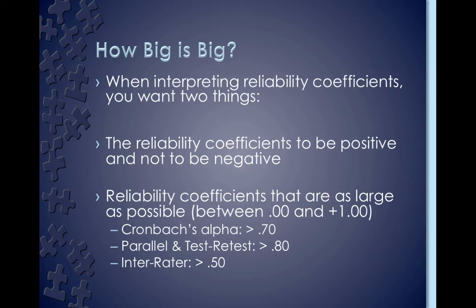So when we have parallel form reliabilities and test-retest reliabilities, they can be positive or negative, but we want them to be positive. Internal consistency, our Cronbach's alpha coefficient, it can never be negative. And our inter-rater reliability, think about the calculation we just did. Is it ever possible that we can have a negative number? No.